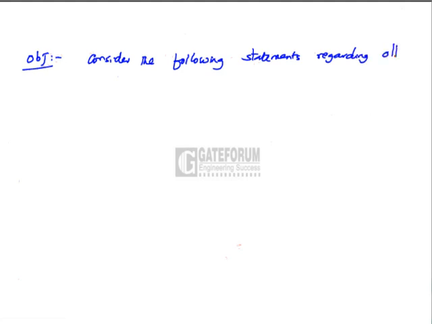Now let us solve another objective question regarding the Otto cycle. Consider the following statements regarding Otto cycle. Number 1: it is not a reversible cycle.